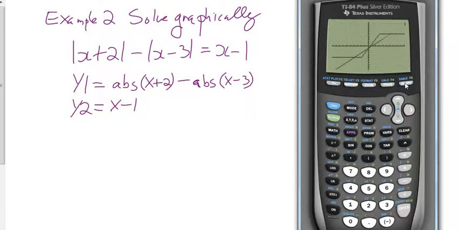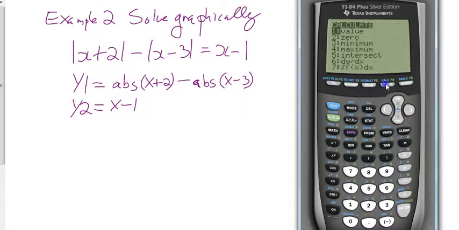So there's the absolute value graph. We seem to have 3 crossing points. Here, here, here. So we can do an intersect. It's easier to move along the straight line, so I'll just go down here. Remember, we're interested in the x coordinates of the point of intersection, right?